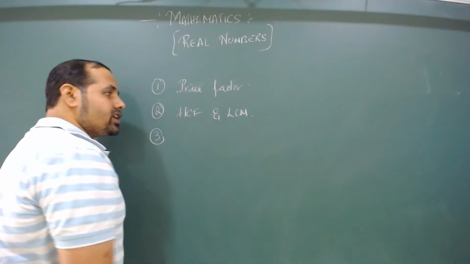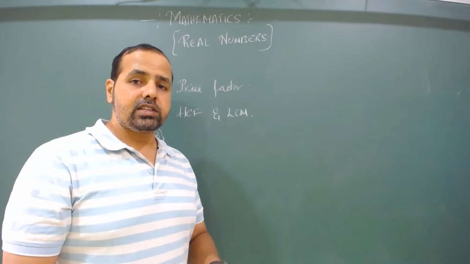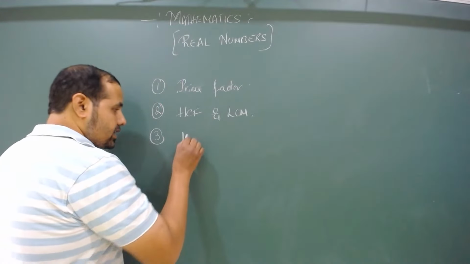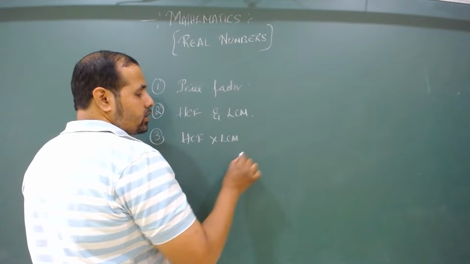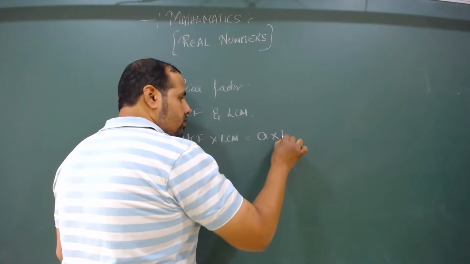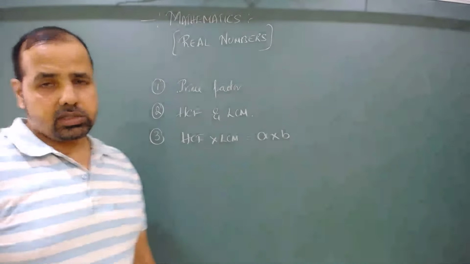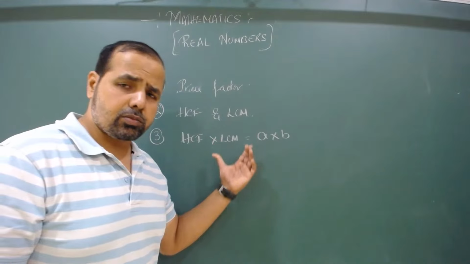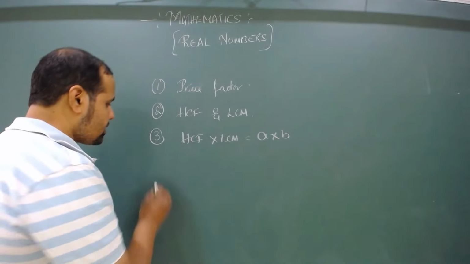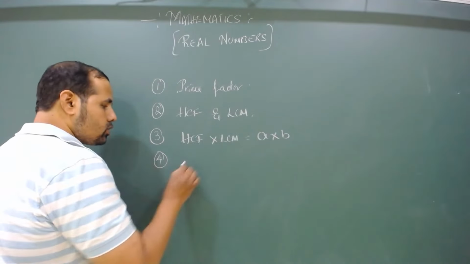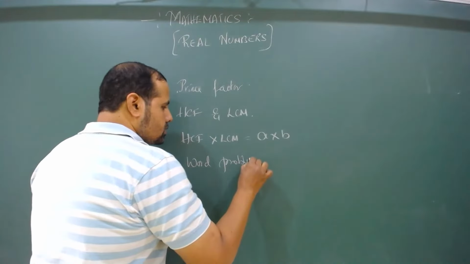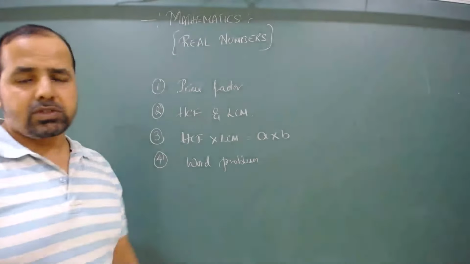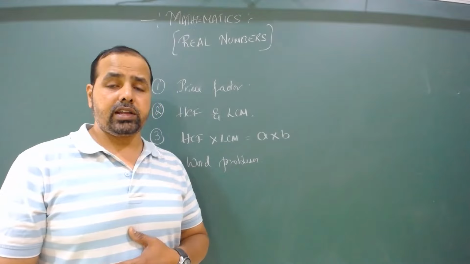what is the relationship between HCF and LCM and two numbers. That is, the relationship says that HCF into LCM is equal to the product of the two numbers. We are going to discuss these things, and then gradually we will move on to word problems based on HCF and LCM.